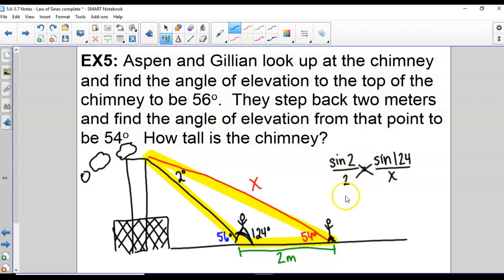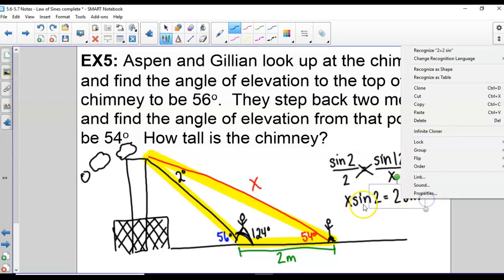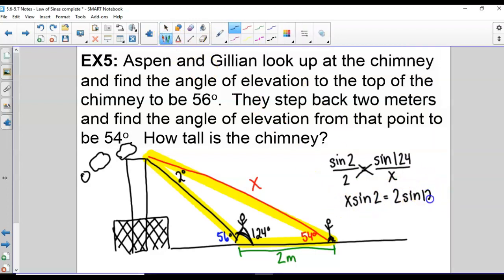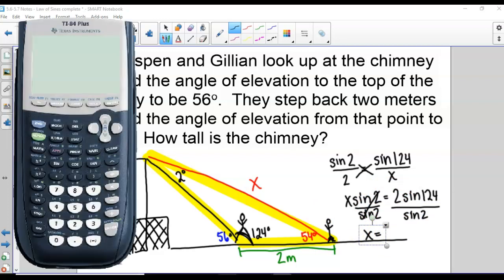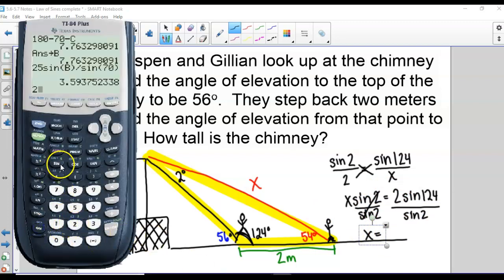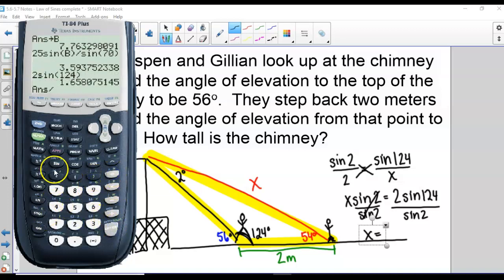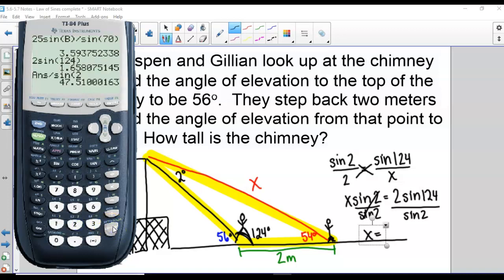We'll cross multiply. We got x sine 2 equals 2 sine 124, and I'll divide both sides by sine 2. So x equals 2 sine 124 divided by sine of 2. And we get 47.510.